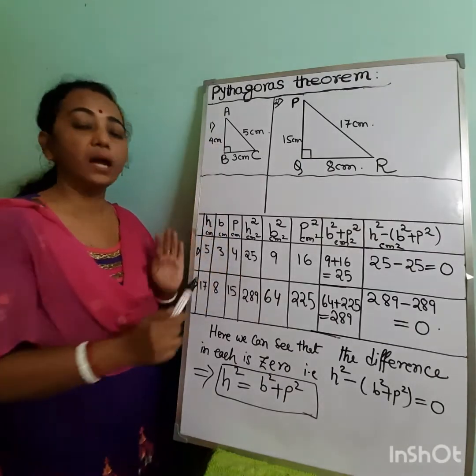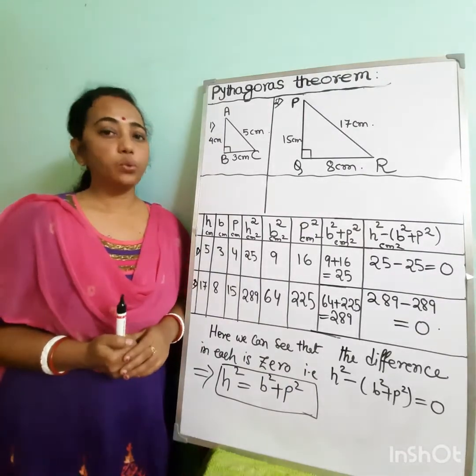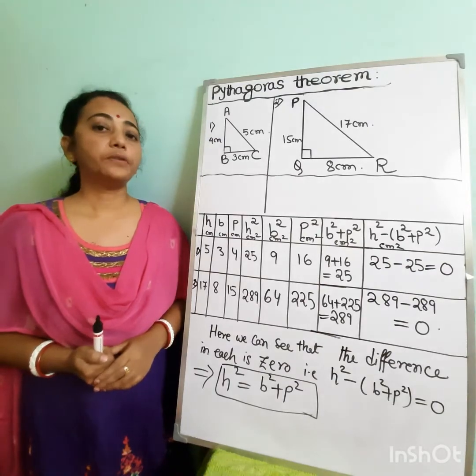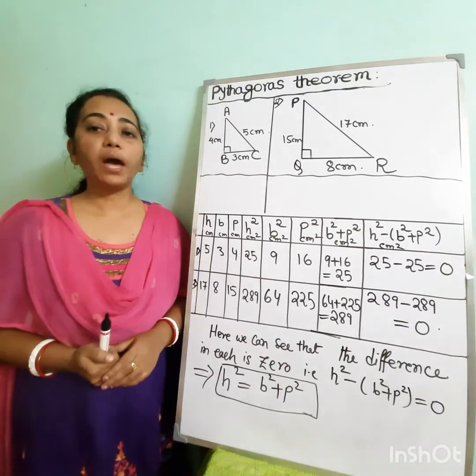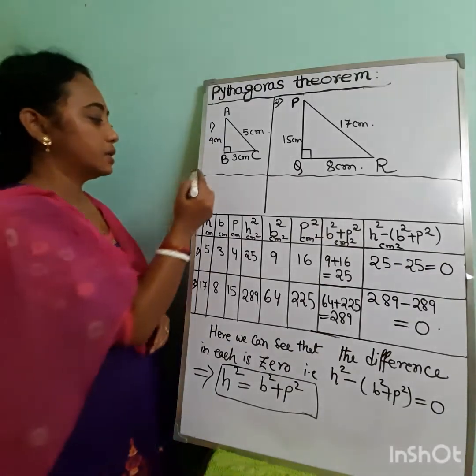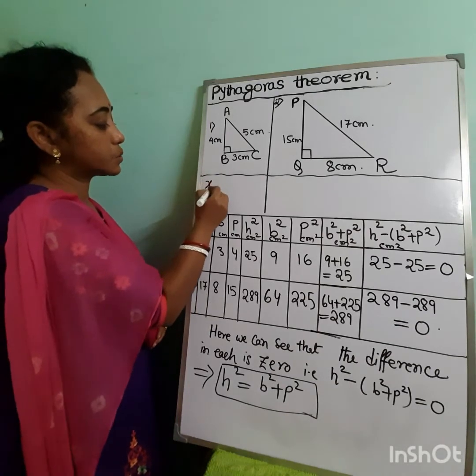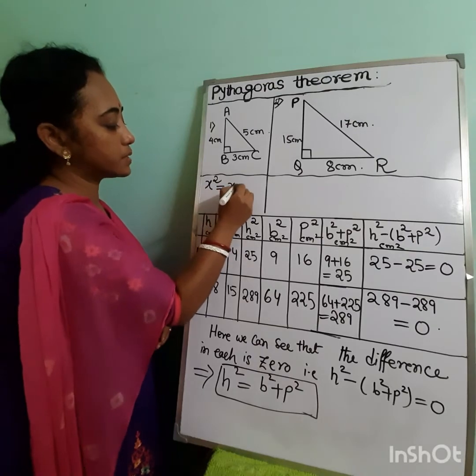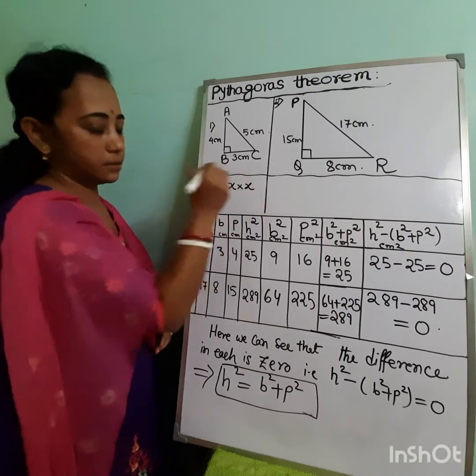Now, we know that the square of a number is that number raised to the power 2. So, if x is a number, then the square of x is written as x square, and is given by x square is equal to x multiplied by x.